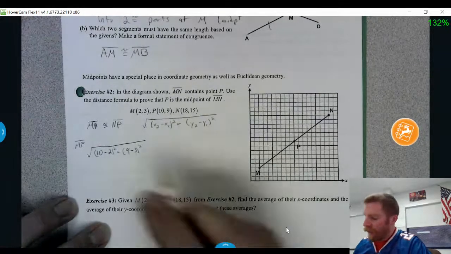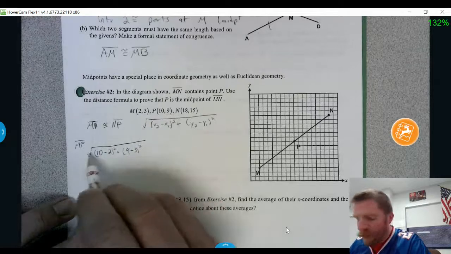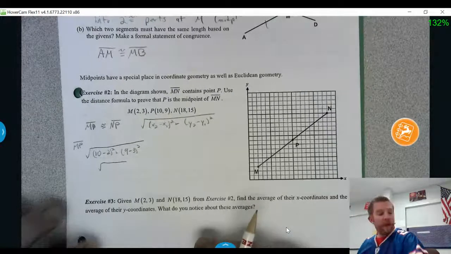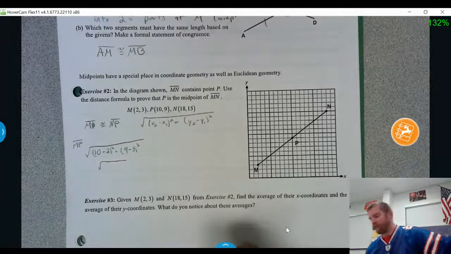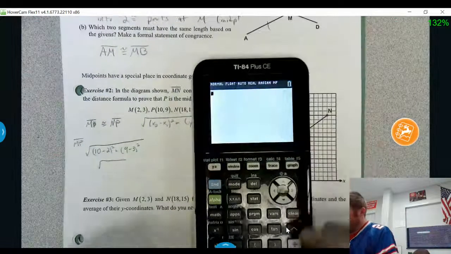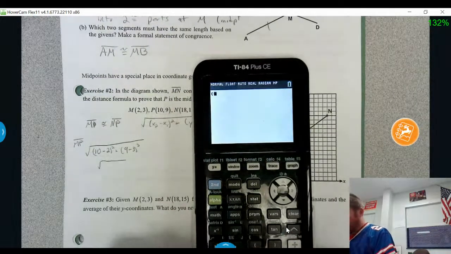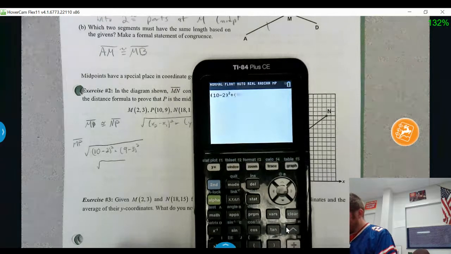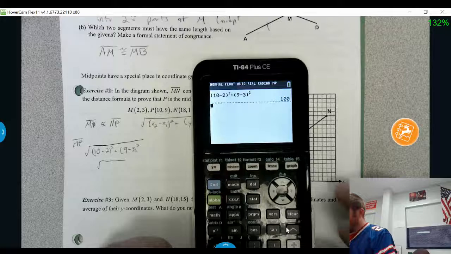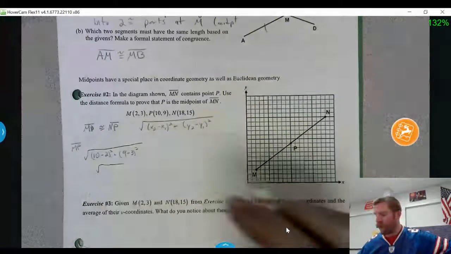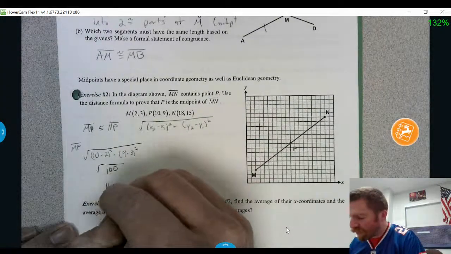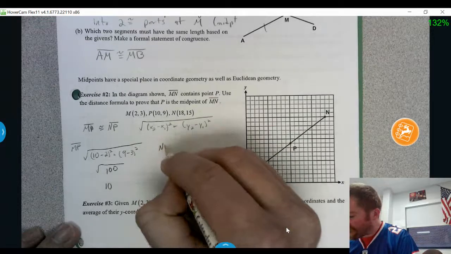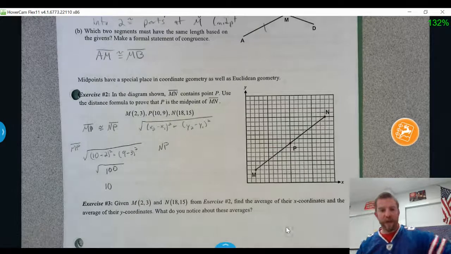And if I just type this part in my calculator, because we don't know what's in the radical, 10 minus 2 squared plus 9 minus 3 squared gives us 100. So if it's 100, the square root of 100 would be 10. I want you to pause the video and see if you can do the distance formula for N to P.